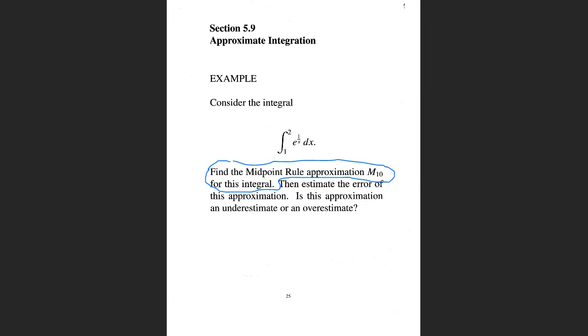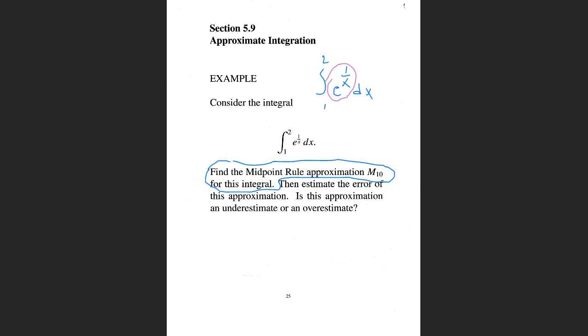Okay, so we have the integral from 1 to 2 of e to the 1 over x power dx. Now, there's no integration technique that I'm aware of that can get an antiderivative of e to the 1 over x power.